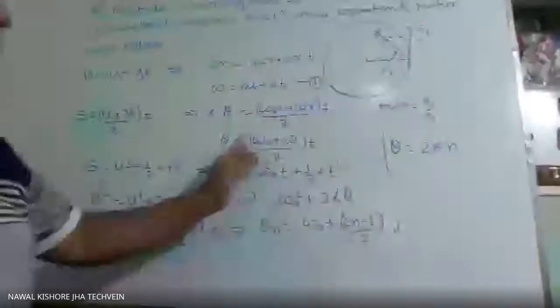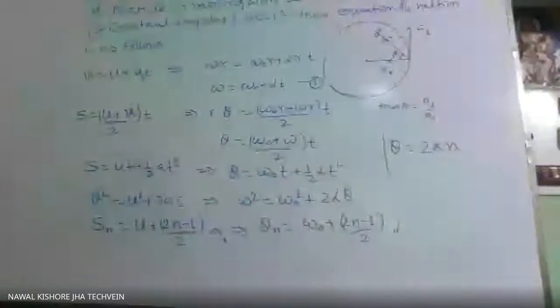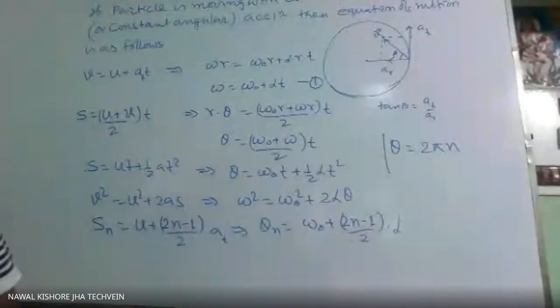It completes 5 rotations, after which velocity changes from 5 radian per second to 100 radian per second. Then theta you will find by 2 pi n, so theta will be 10 pi. Then whatever is asked, we can use this equation of motion in case of non-uniform circular motion.